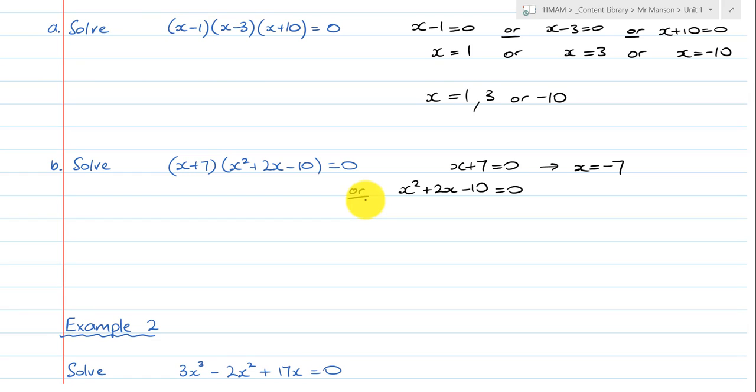Can anybody see a way of factorising x squared plus 2x minus 10? That's the process. I guess can everybody see what that factor pair is?